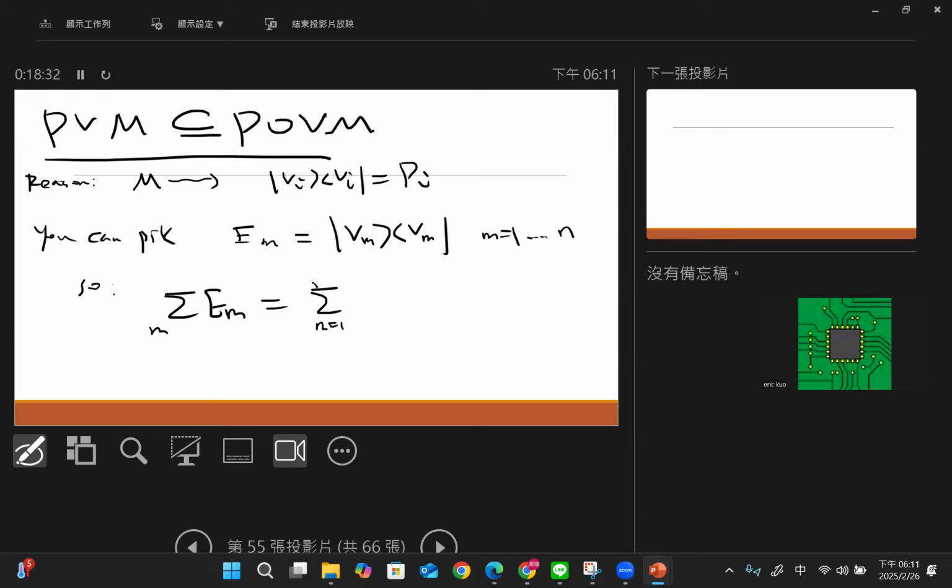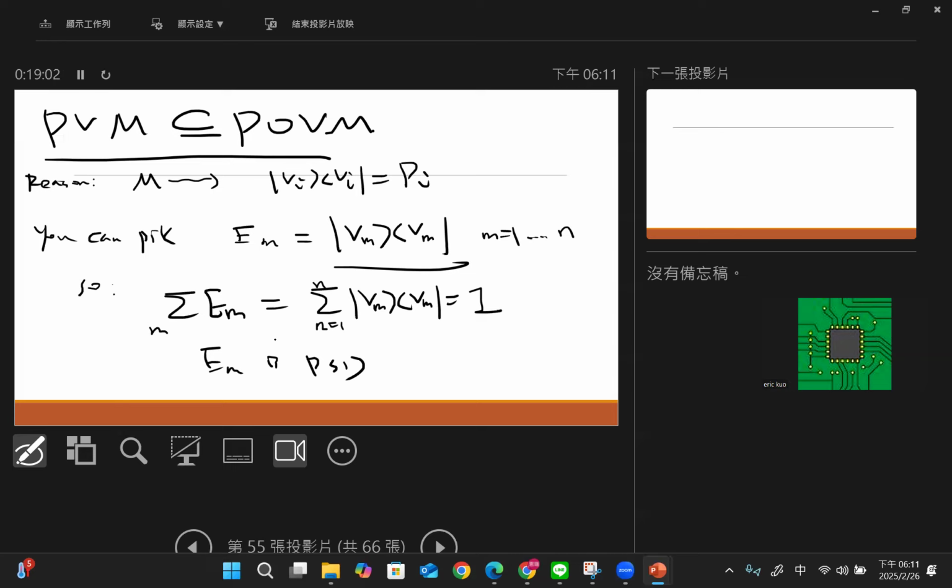It's a resolution of identity. And all the E_m are also PSD, because they are projectors, right? Their square equals themselves, so their eigenvalues can only be 0 or 1. From this picture you can see that PVM is actually a special case of POVM. Given a PVM, you just take all the projectors as the E_m.